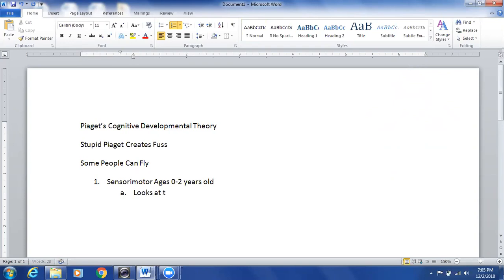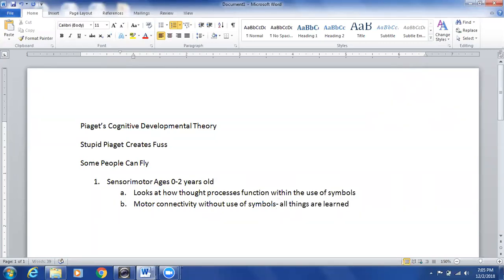This looks at how thought processes function within the use of symbols. A lot of this is learning based on what they can associate things with. So motor connectivity without use of symbols is basically all things are learned based on experience.